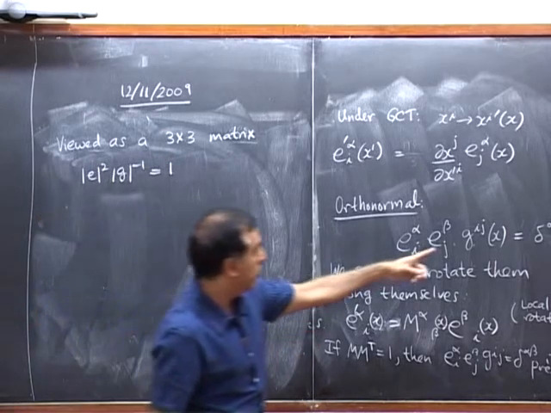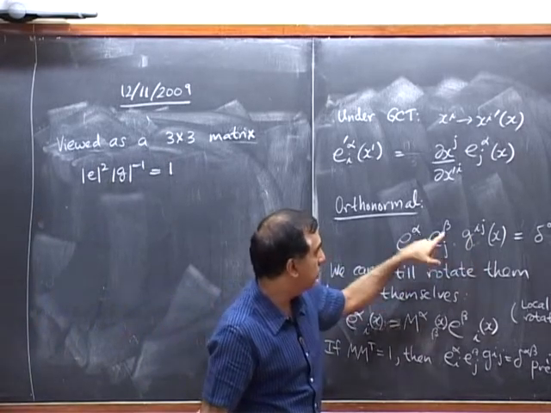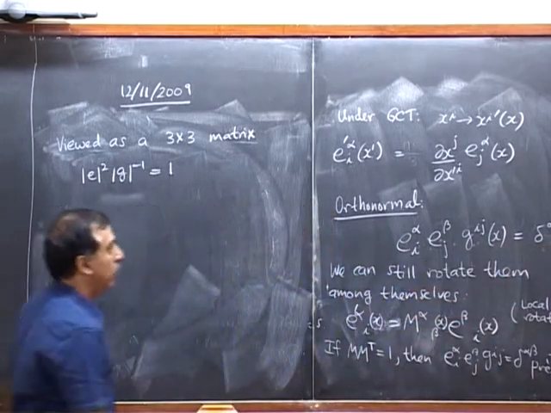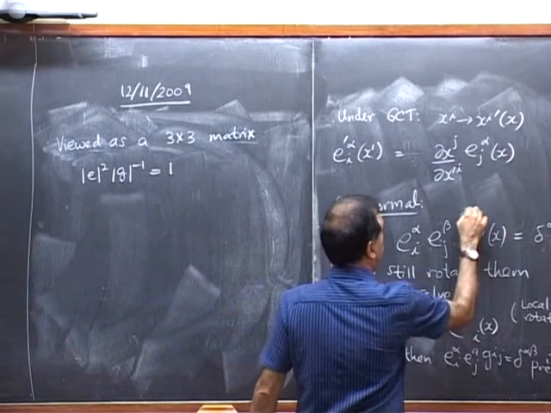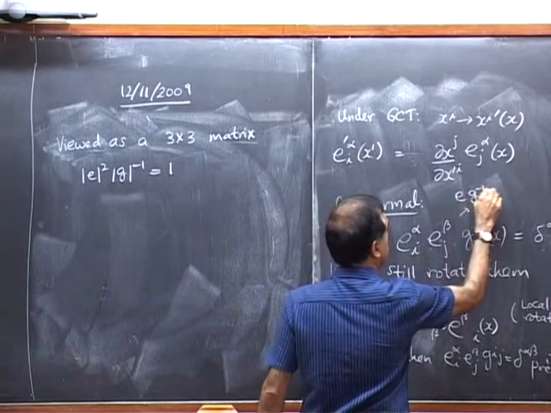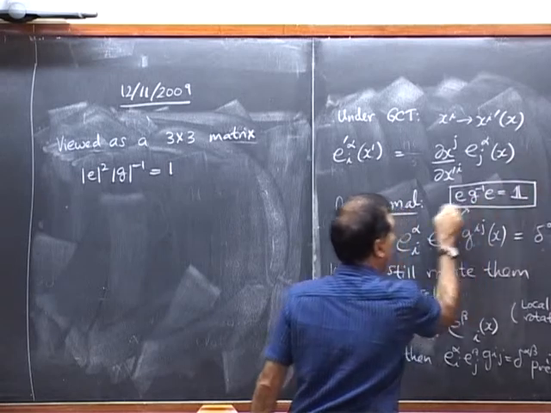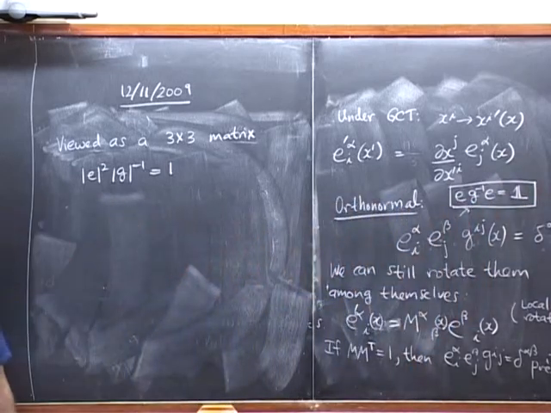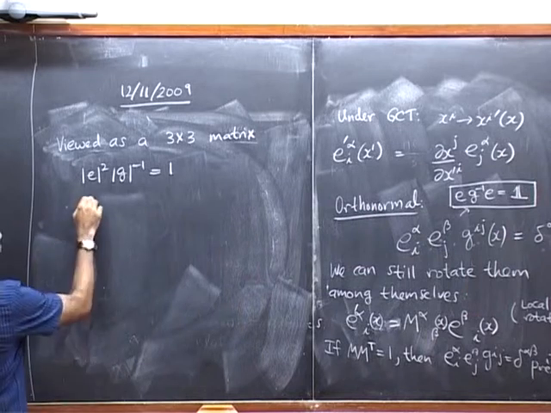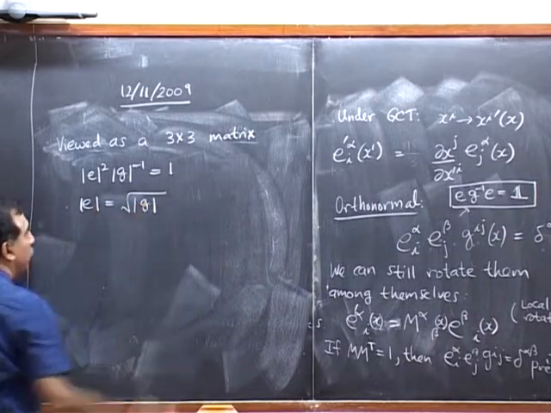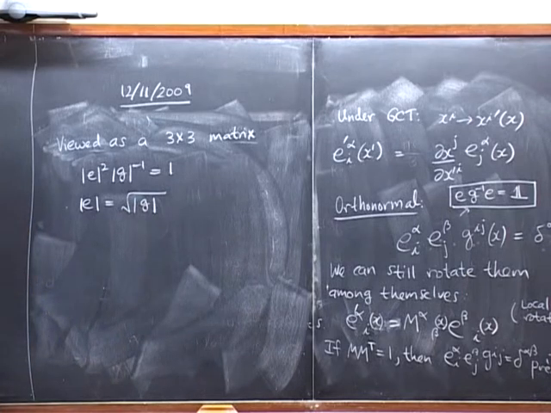Because this equation is E G inverse E equals 1 in matrix language. Now take determinant of everything, and you learn that det of E is square root of det of G.